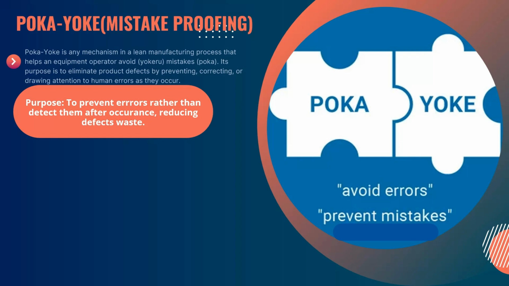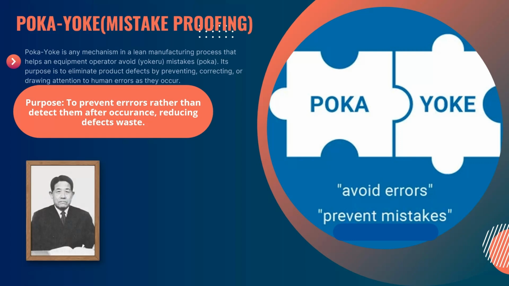All this will result in an increase in the cost of the product, which companies do not want. To maximize profit, you have to minimize the cost somehow. Who gave this? This gentleman gave the concept of Poka-Yoke, known as Shigeo Shingo.